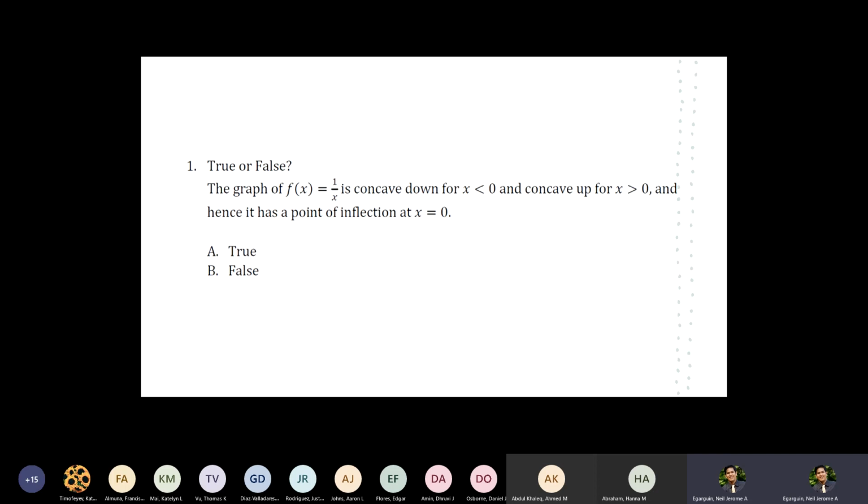Oh, you don't see question number 1? Let me. Okay, now can you see it, Daniel and Arian? How about the others? Can you see question number 1? Okay, good.